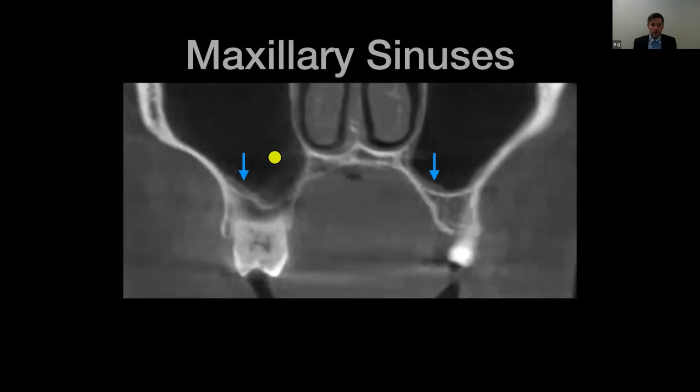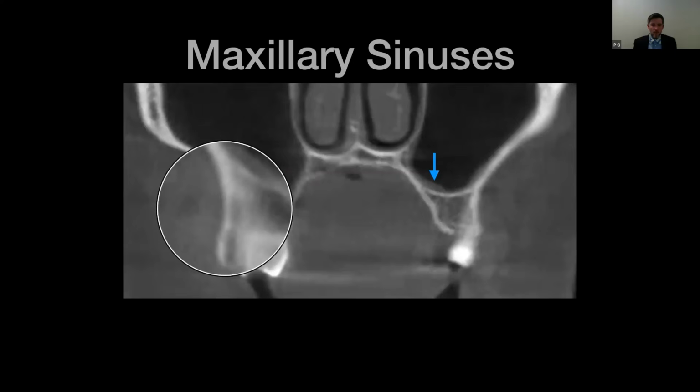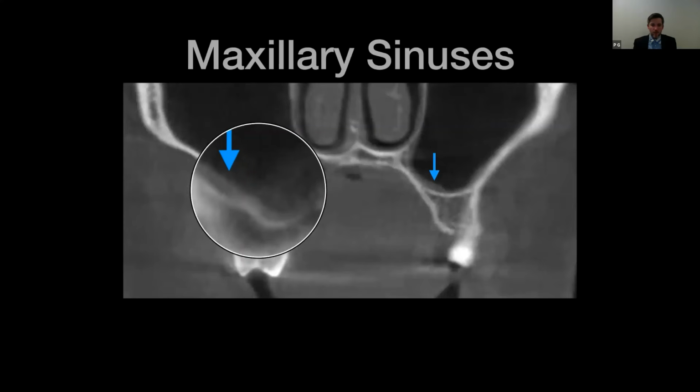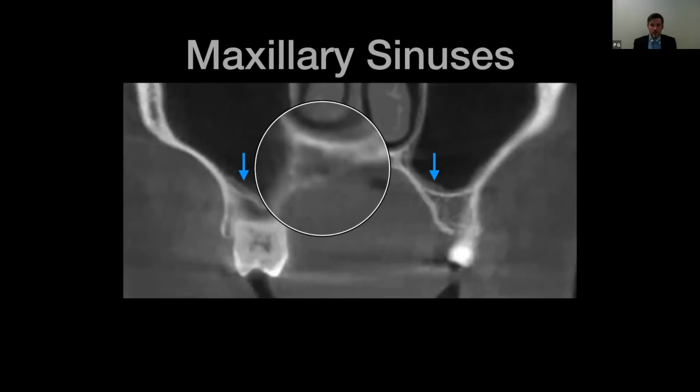If you look closely at this image, you'll see that there's a little bit of gray stuff on the floor of the sinus there. We can see it on this side as well.